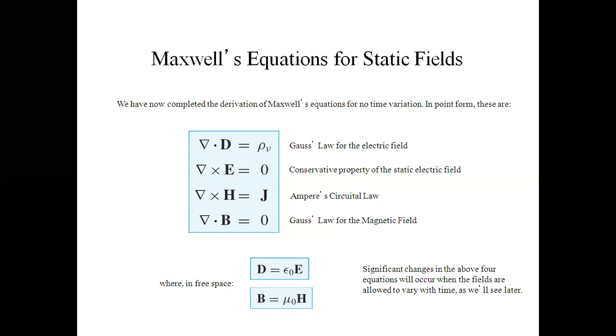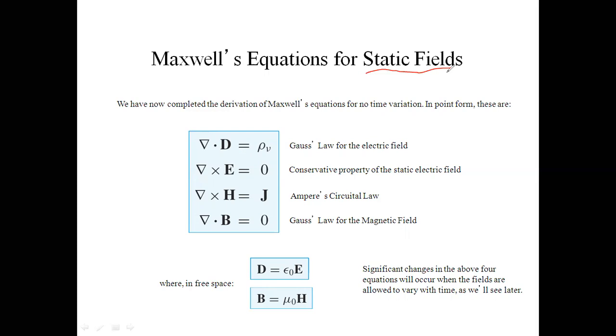Here one important point you should note down: Maxwell's equations for a static field. Why am I stressing static field? Because in the next class I will start with the time varying field. Till now, both the fields are static, not varying with respect to time.